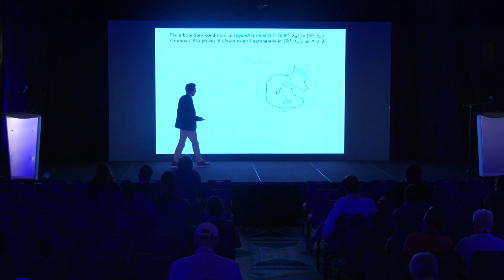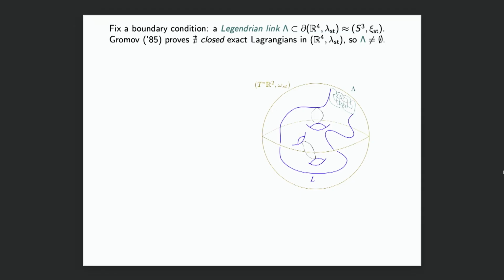And then you could start to think about what happens when I change the boundary conditions, and specifically, what if I have a really simple boundary condition, like no boundary condition whatsoever? I just want closed Lagrangians. How about a closed 2-sphere inside of R4, which is Lagrangian? How about a 2-torus inside of R4, which is exact Lagrangian?